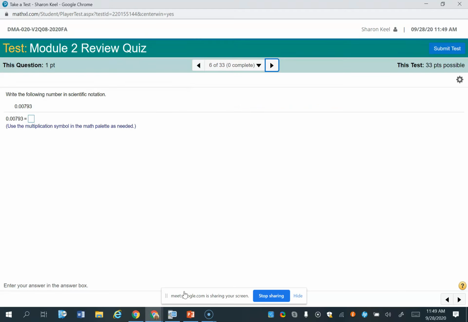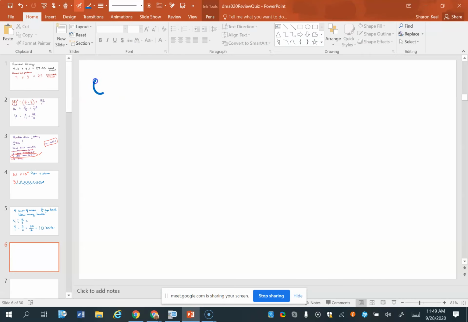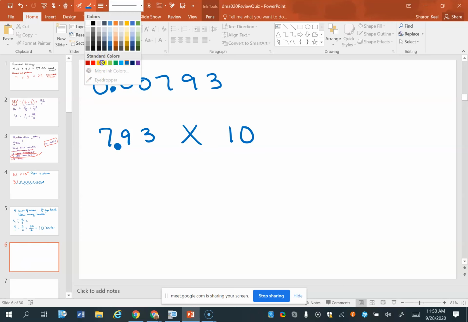Write the following number in scientific notation. If I want to write this in scientific notation, my first value needs to be a single digit, 7.93. Then we would have times 10, and we're going to have to come up with our exponent.